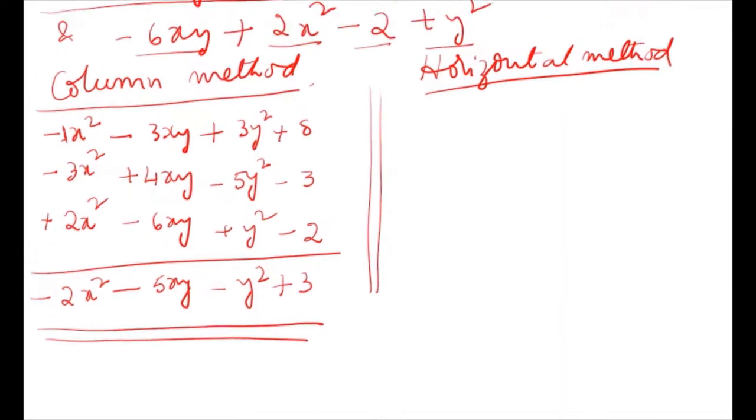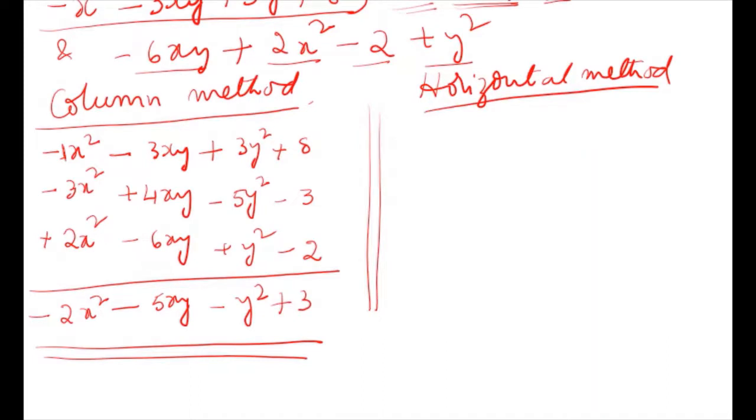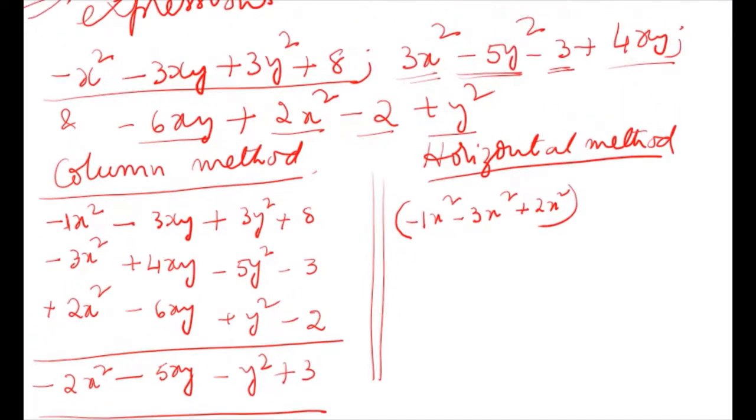Now in horizontal method, the same thing we will do, but we will put similar terms in brackets. That is all x square terms in one bracket. So minus 1x square minus 3x square plus 2x square. All the x square terms, minus x square minus 3x square and plus 2x square we have put in one bracket, then plus the other term, that is xy.